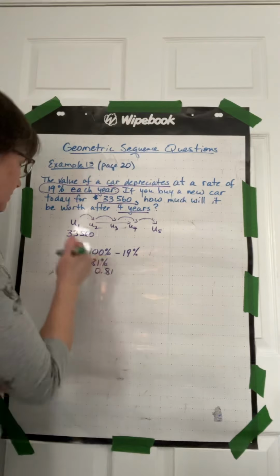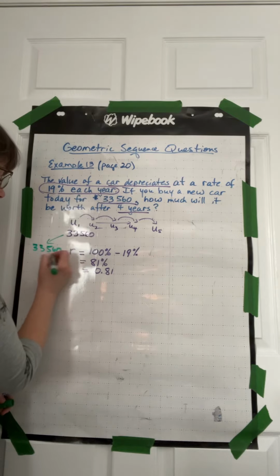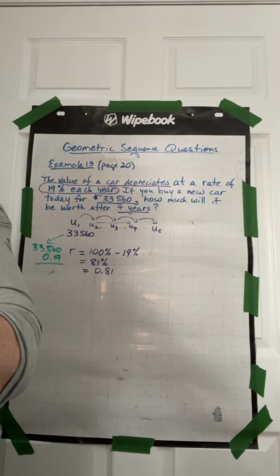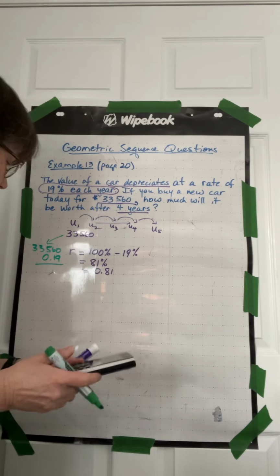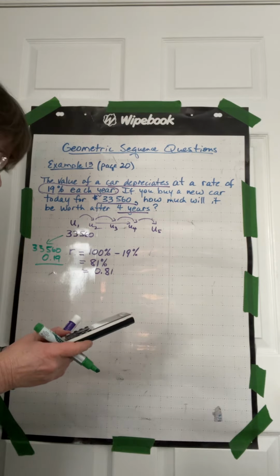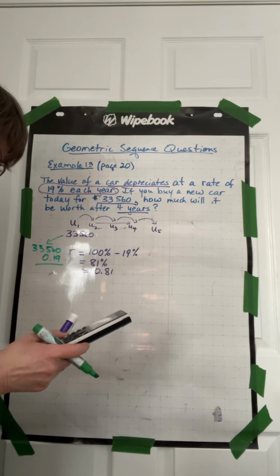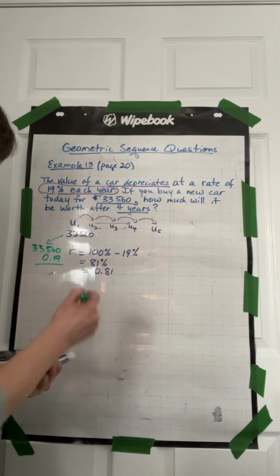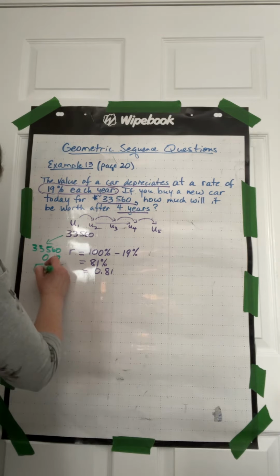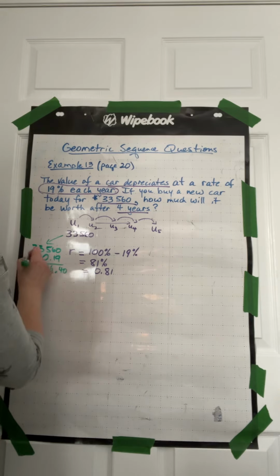We could multiply this number by the 19%, which is 0.19. That will give us 33,560 multiplied by 0.19. That gives us 6,376 and 40 cents.